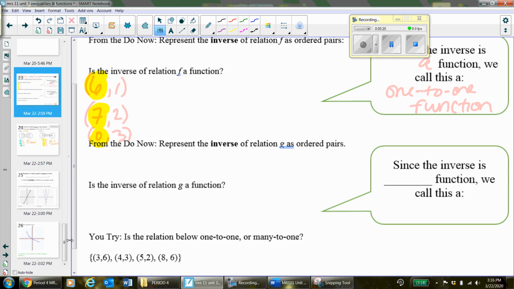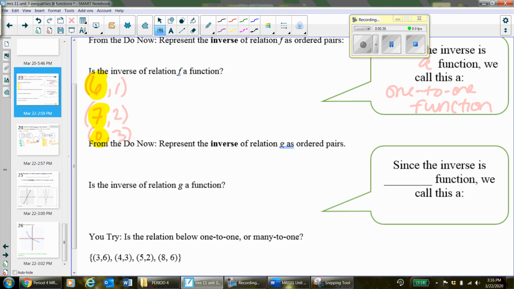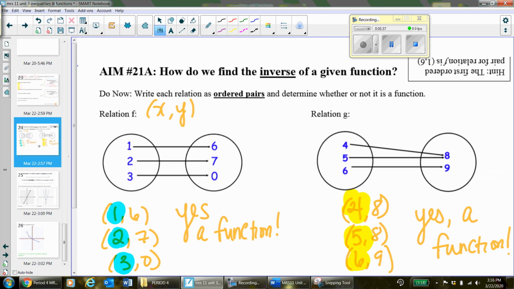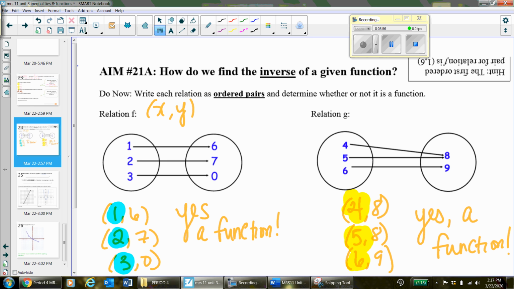Now let's take a look at relation G. The first pair for relation G, 4, 8, becomes 8, 4. Then 5, 8 was the second, so it becomes 8, 5.